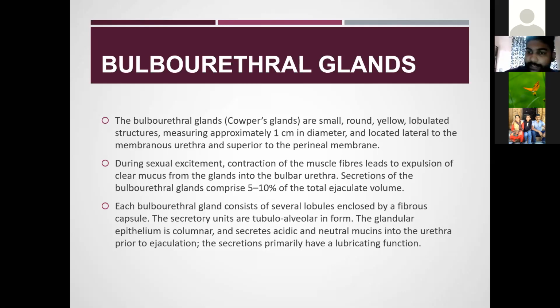So the bulbourethral glands are small, round, yellow lobulated structures, 1 centimeter in diameter, situated lateral to the membranous urethra and superior to the perineal membrane. During sexual excitement, contraction of the muscle fibers expels clear mucus into the bulbar urethra, comprising 5 to 10% of the total ejaculate volume.